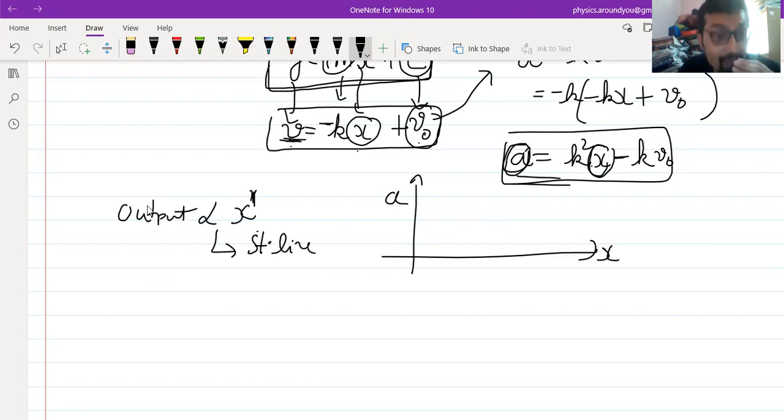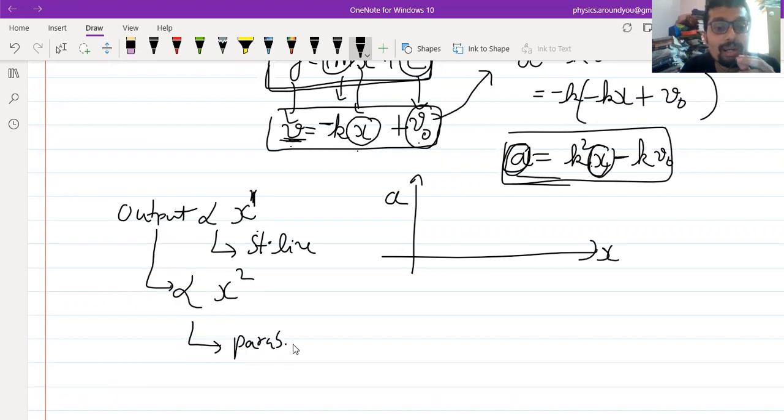Whenever the output is proportional to the square of the input, what will be the shape of the plot? Parabola. Now look carefully. The output is proportional to what power of the input? 1. So what will this be? A straight line.